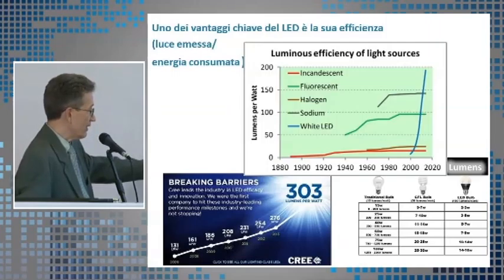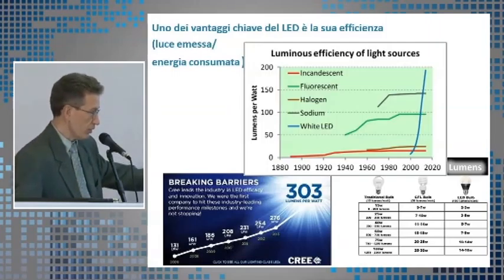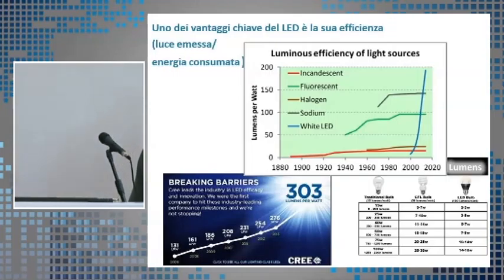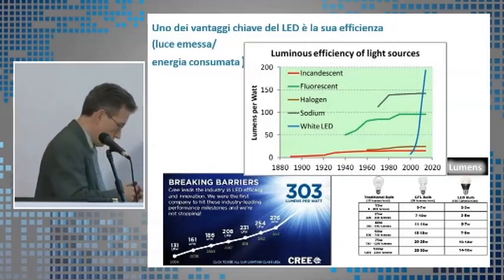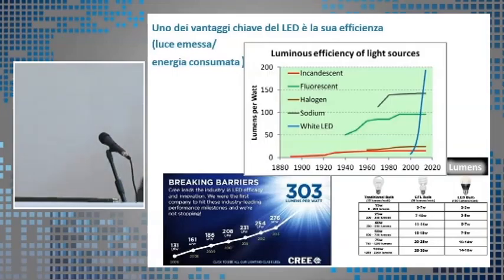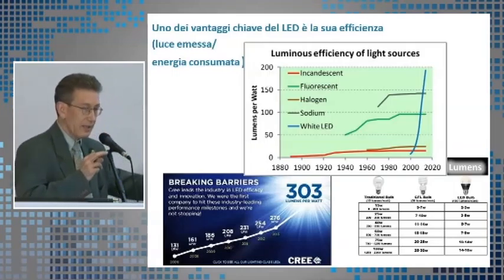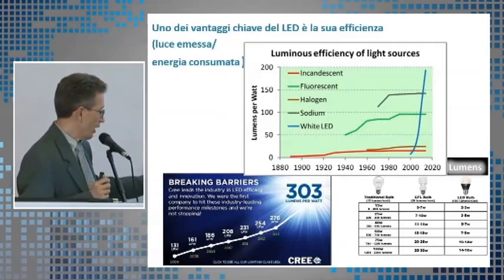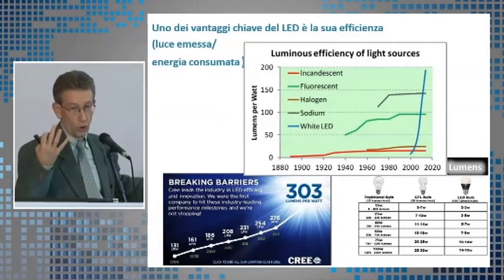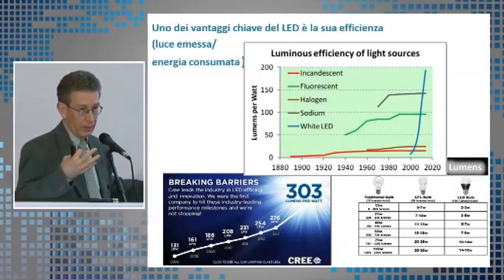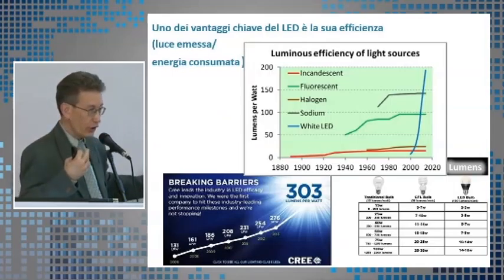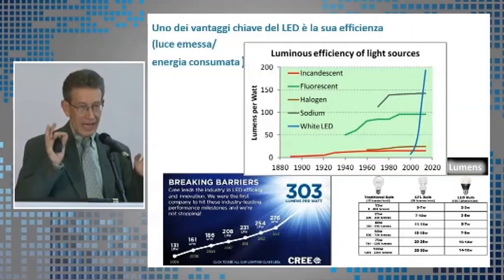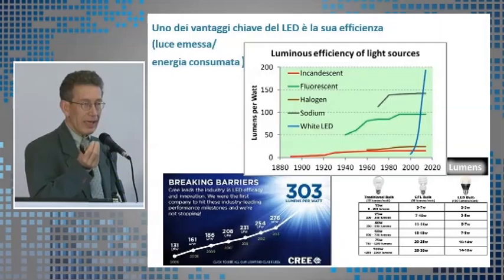If you take a look at the bottom chart on the left-hand side of the slide, and I tell you because it's not visible, that 131 at the bottom on the left-hand side of the blue chart refers to the year 2006. So in 2006, there was a lab efficiency of the main player of 131 lumens per watt.